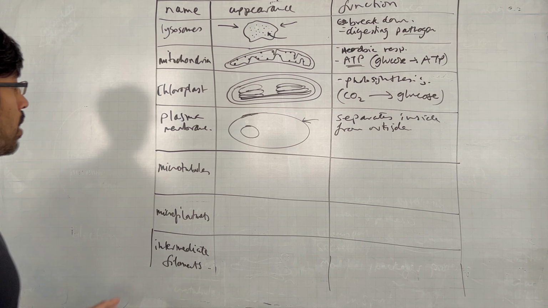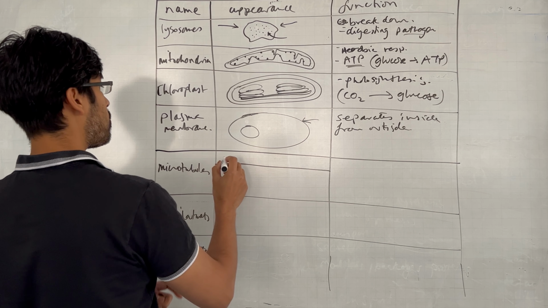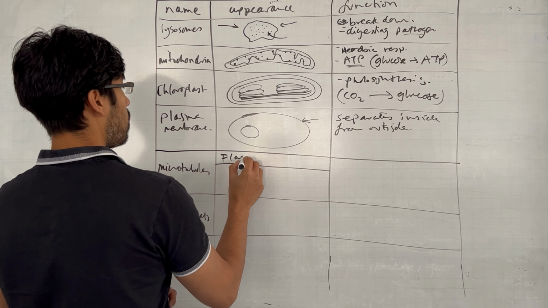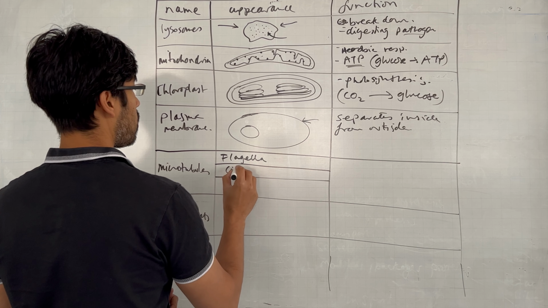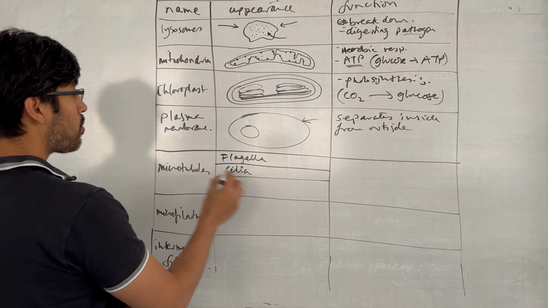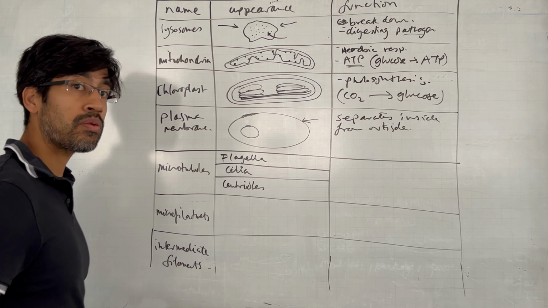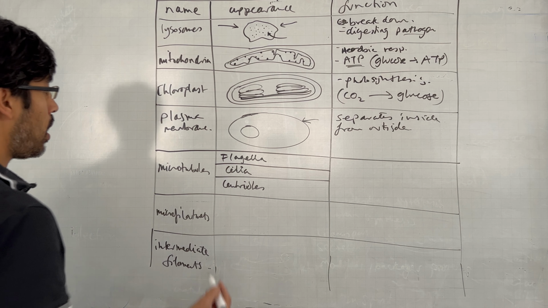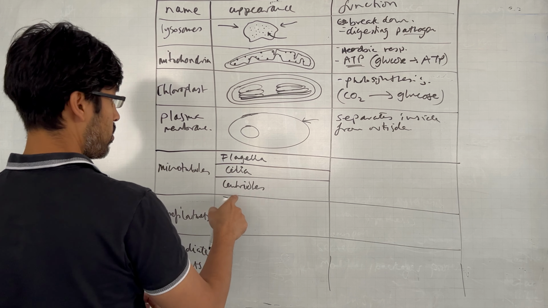Okay, now microtubules form a number of different structures. So microtubules form flagella. Microtubules form cilia, right? And microtubules form centrioles. Okay, but they also form that network that we talked about for transport.